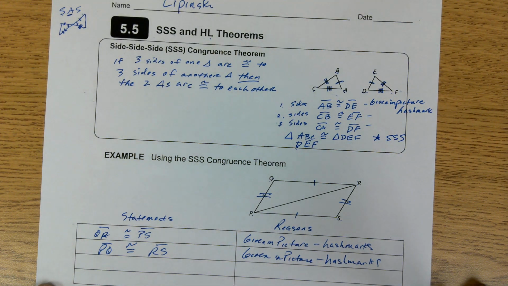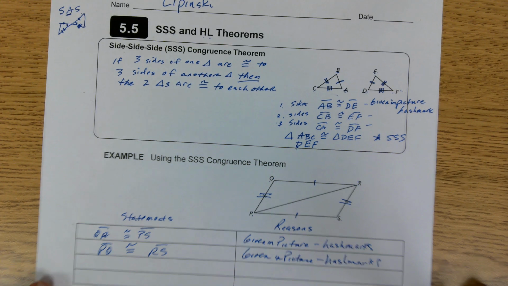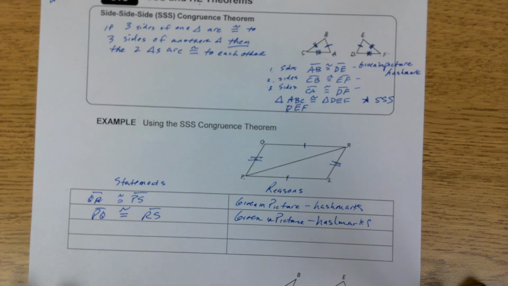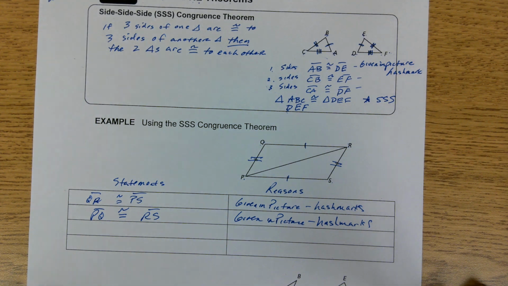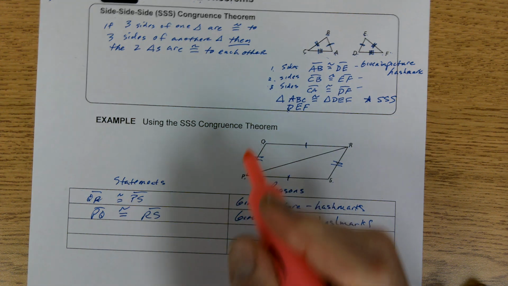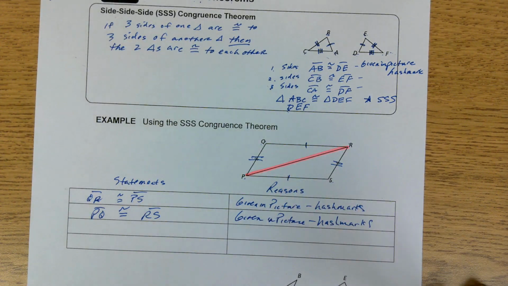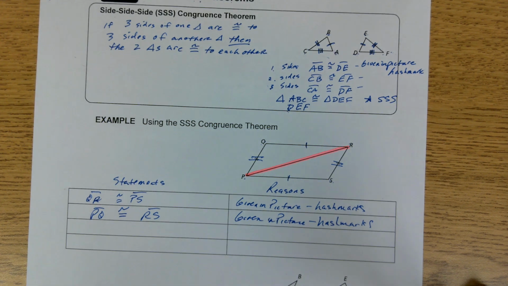Now, I've got no more hash marks and no curves. There's nothing else directly stated in the picture, but you can see a side that the two triangles share. The shared side is this side right here. That side is shared by both triangles.